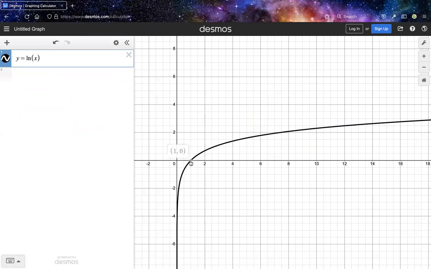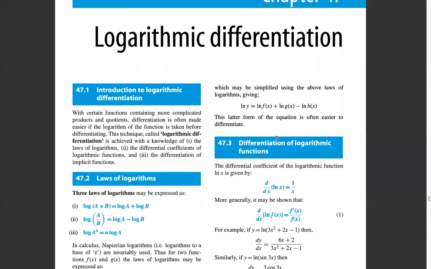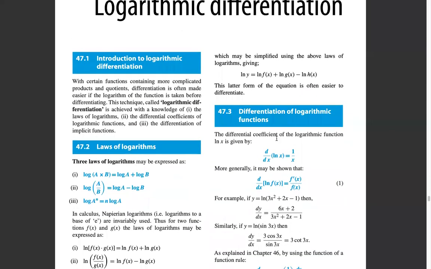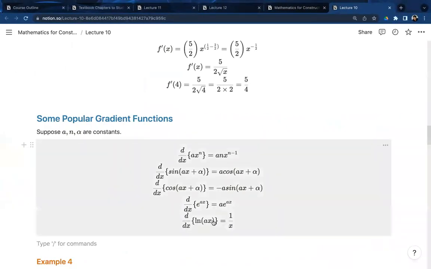Passes through 1, 0. The derivative of that function is 1 over x, right? This is what logarithmic differentiation is about. And we saw it here, the derivative of ln ax is 1 over x still. Doesn't matter what a is, it's always 1 over x, right?